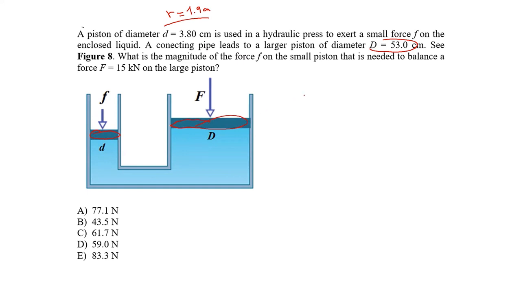Okay. Now the question is, what is the magnitude of the small force F on the small piston that is needed to balance a larger force F, which is 15 times 10 to the power 3 Newton?